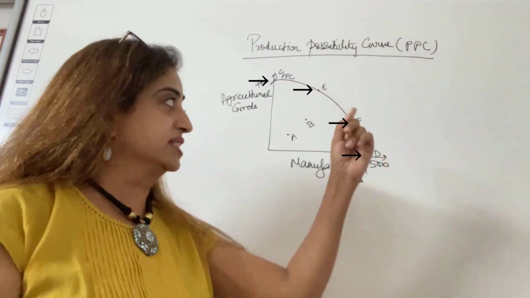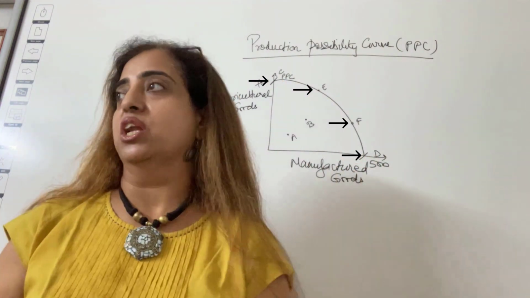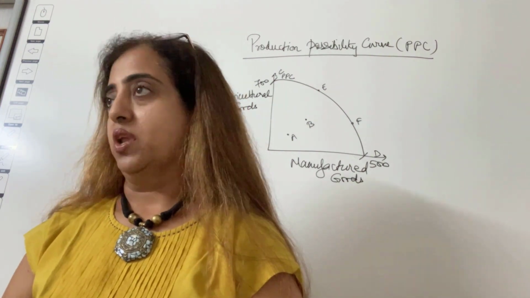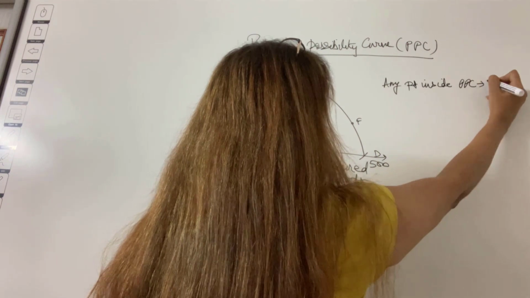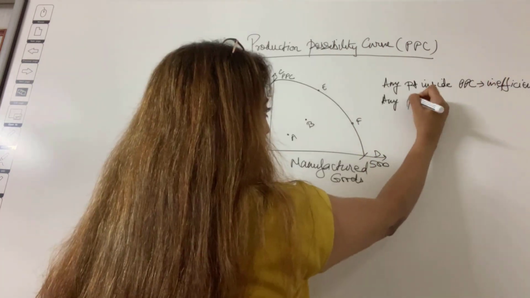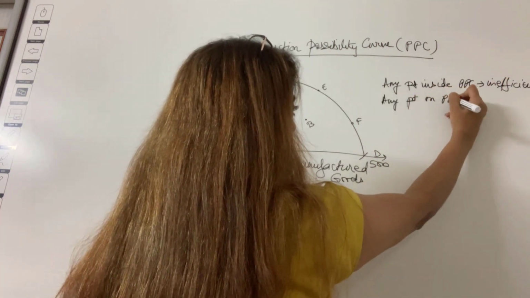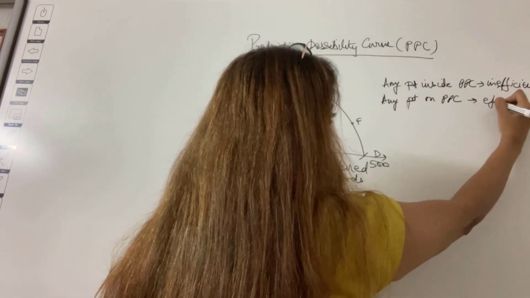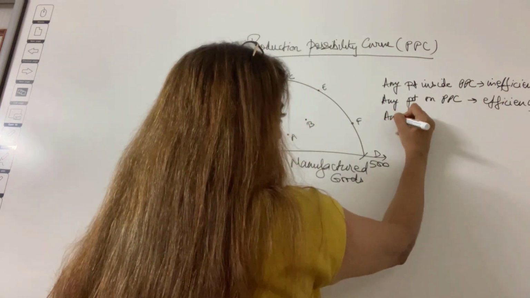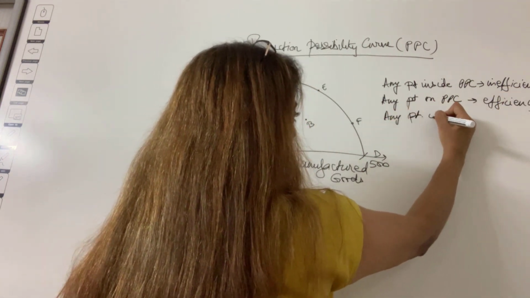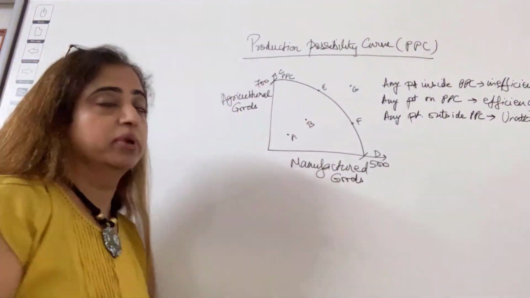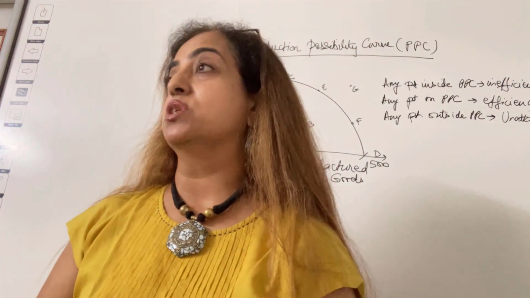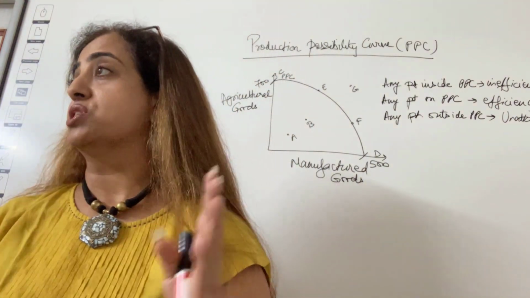What matters is the economy producing as per the requirement of the society. Any point inside PPC shows inefficiency. Any point on PPC shows efficiency. And any point outside PPC is unattainable.